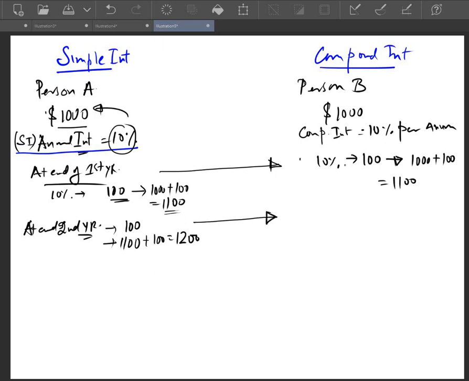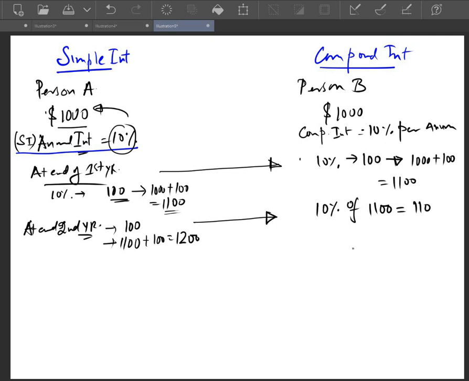Now let's see what's happening here. Now compound interest, this guy in bank B, person B. Now the bank pays 10% of the last year's balance and not the initial amount invested. So he gets 10% of $1,100, the previous year's amount. So eventually he gets $110 rather than just $100.